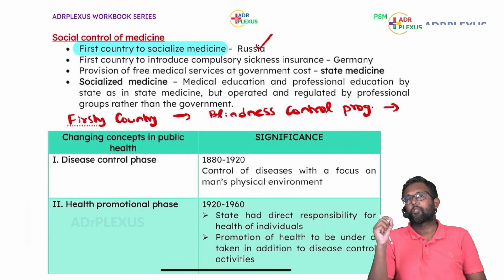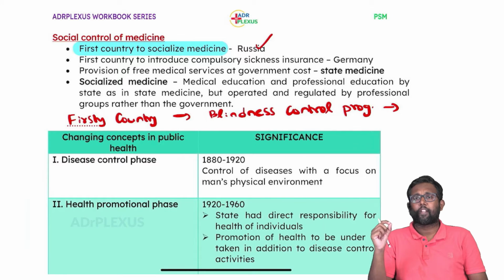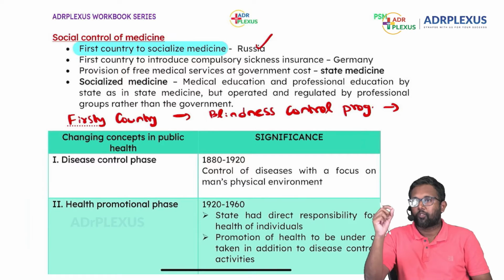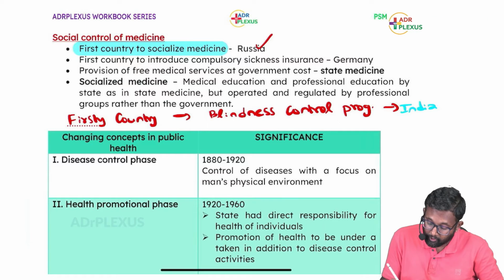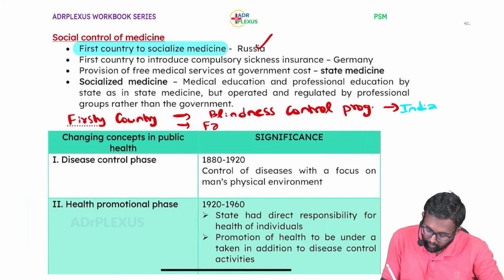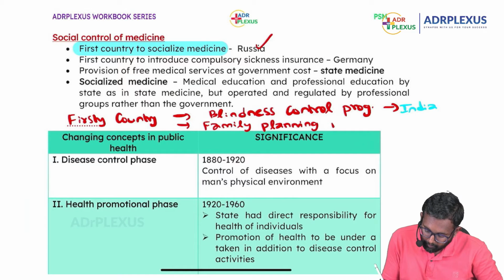You have any idea? Yes, very good, doctor. It is India. The same country was also the first to introduce the National Family Planning Program. The first country to introduce the family planning program was also India.